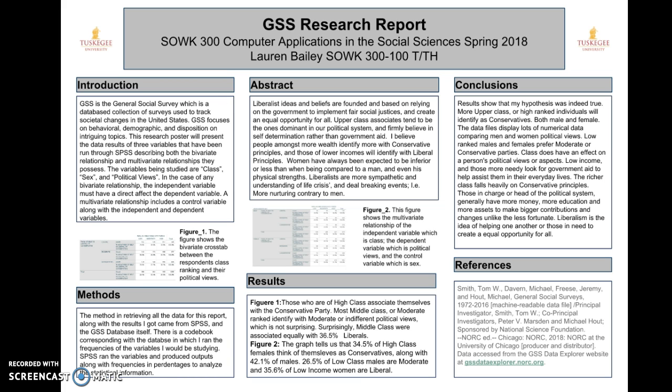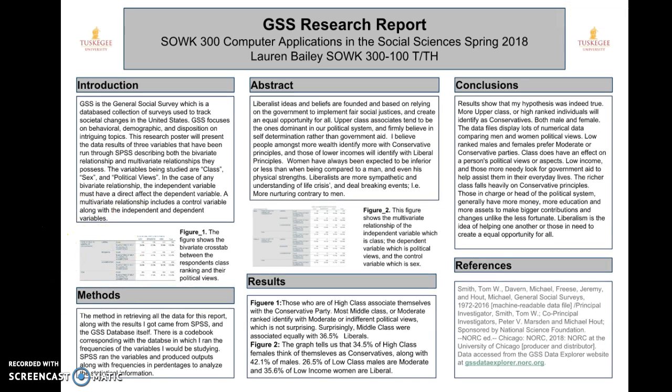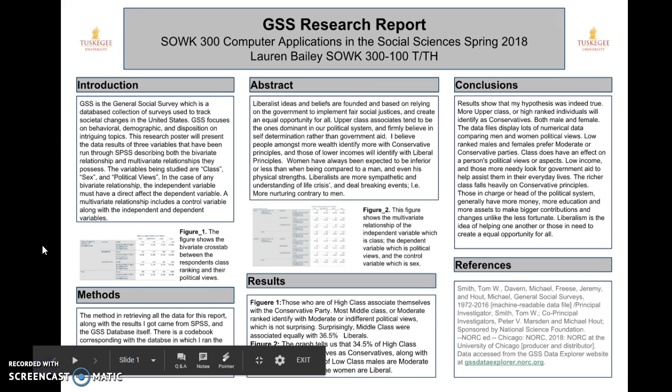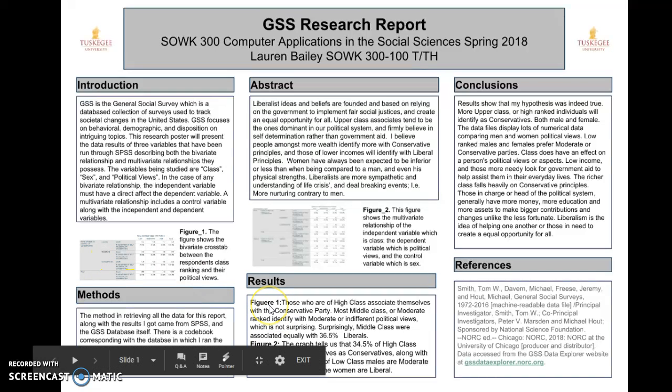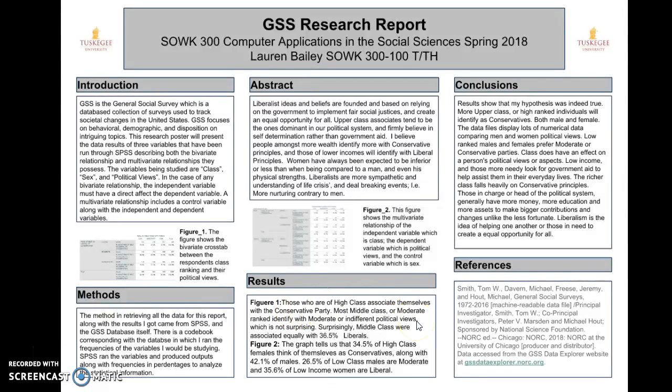Now we can go over some results that we got here. Let's see if I could just zoom in. Okay, so here we have our first crosstab, which is the bivariate relationship between respondents' class and their political views. Now, as you can see, figure 1 is showing us that those who are of higher class do indeed associate themselves with the Conservative Party.